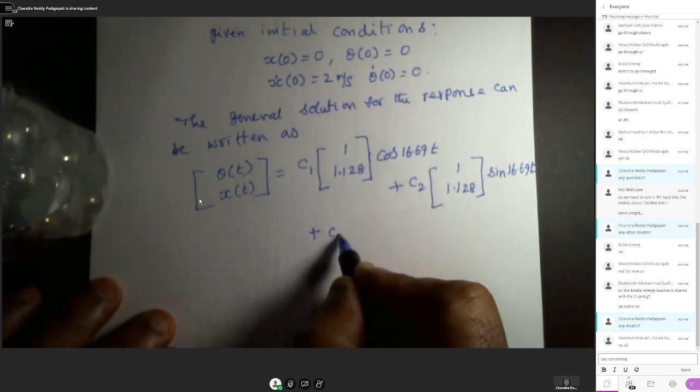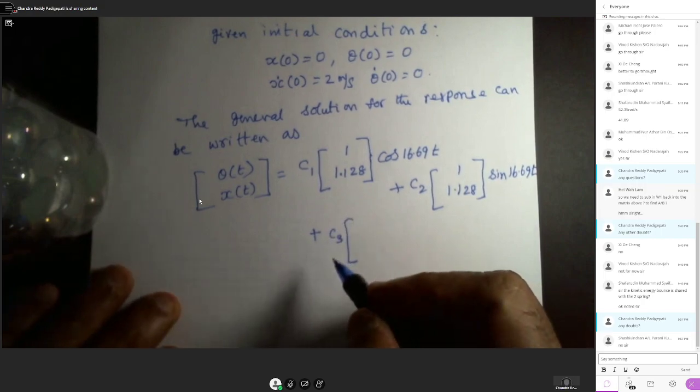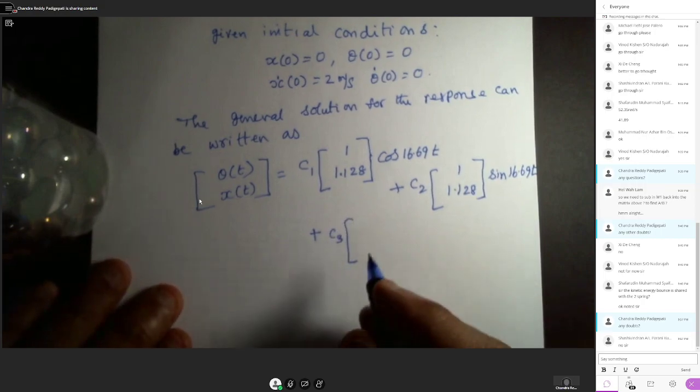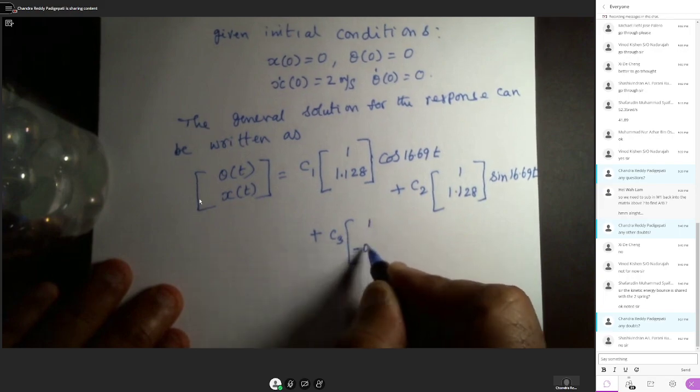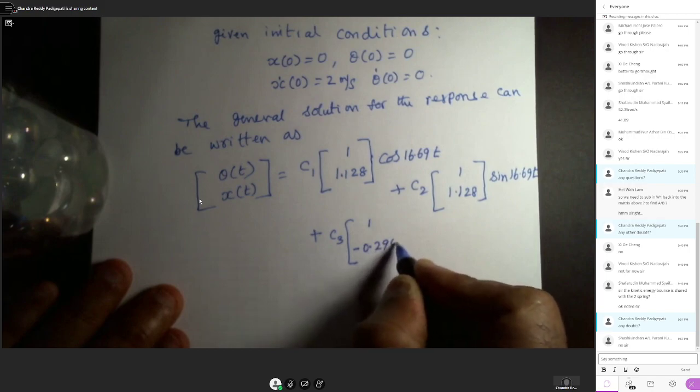Plus C3. The mode shapes for omega 2 are given as 1 and negative 0.2949.